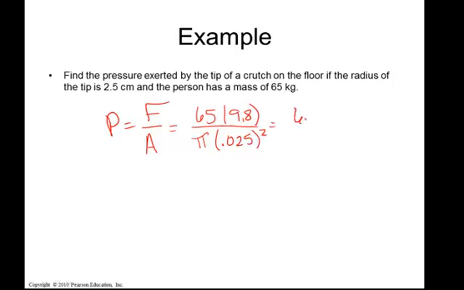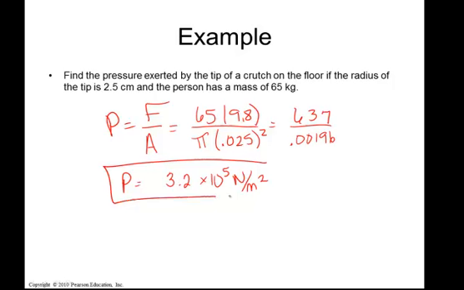If I multiply the top, I get 637. On the bottom, I get 0.00196. And if I divide those, I get a pressure of 3.2 times 10 to the 5th newton per meter squared. And that's going to be the pressure that's exerted. This is used in your assignment on 15.8.